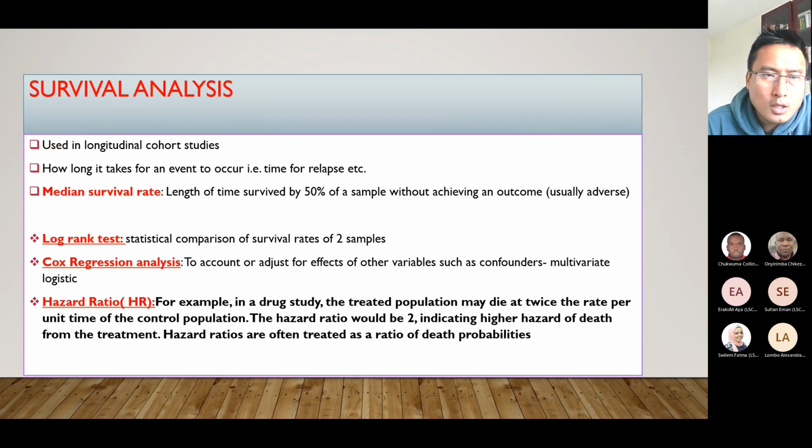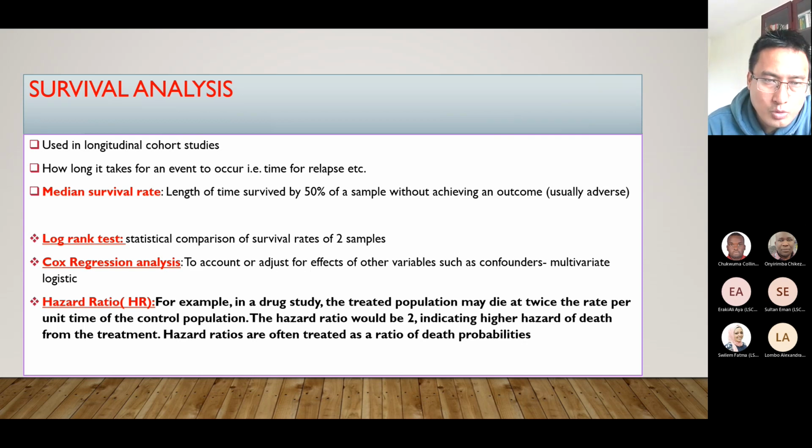Another topic that we are covering is survival analysis. Any question that you see with survival analysis is a cohort study. So keep that in mind. Survival analysis has to do with cohort studies. In a cohort study, how long does it take for the event to occur, the time to relapse? So the outcome has not happened.